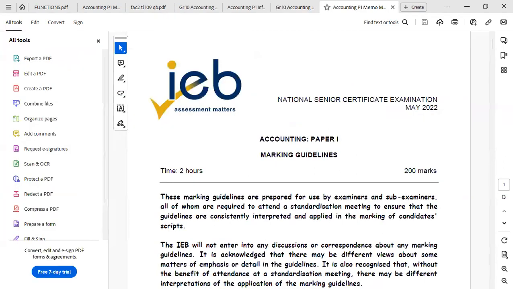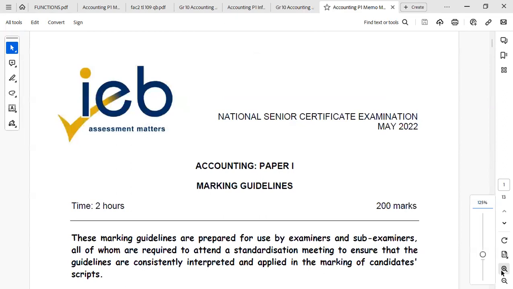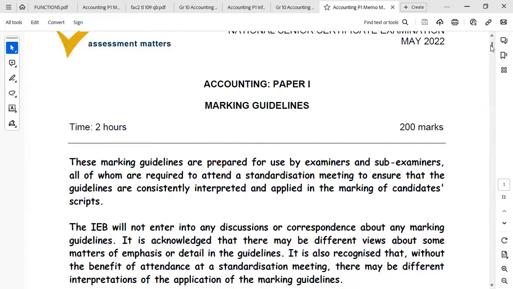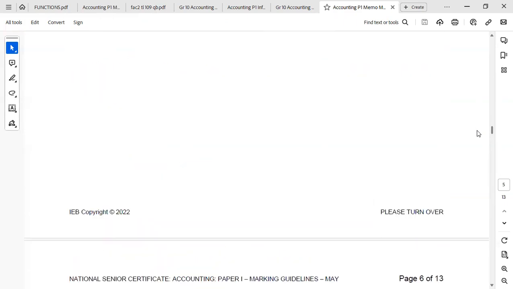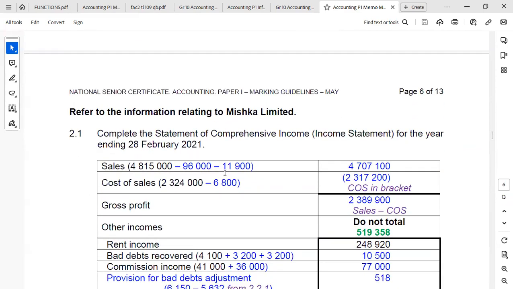This is just to show you that whatever you're learning now is very important. And as I've said, I'm building up. And later on, for those that are in grade 10, there's no later on. You know this by now. And grade 11, you know this by now. So you see, you are going to subtract that 11,900 from sales, and you're going to subtract that 6,800.